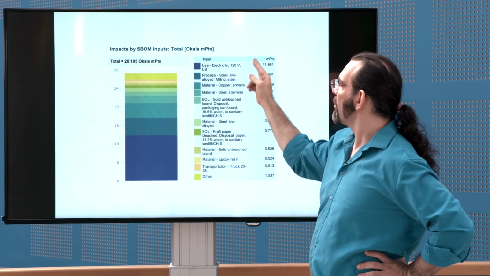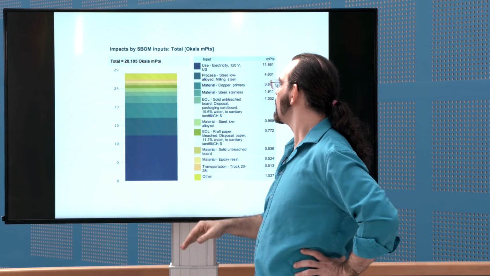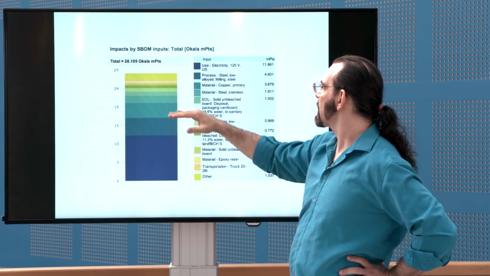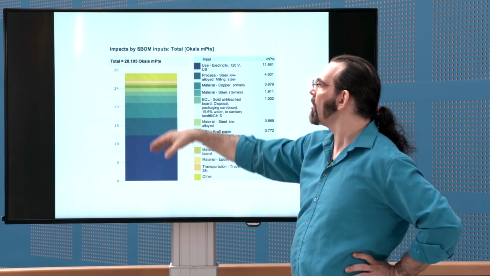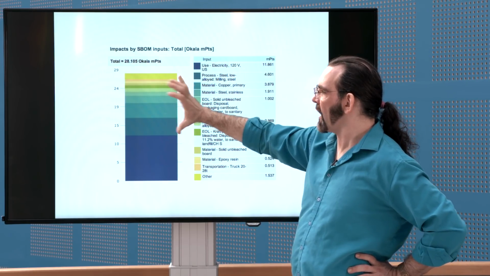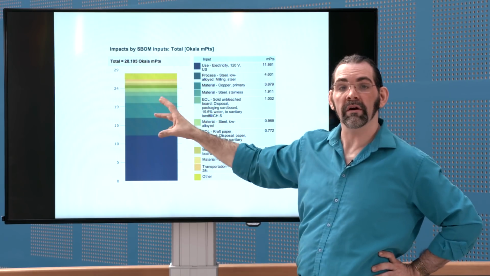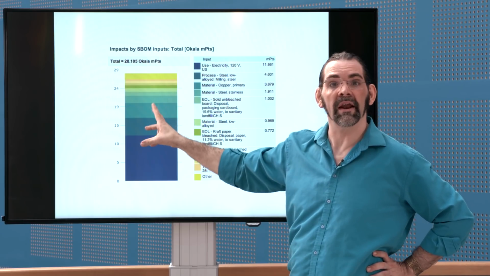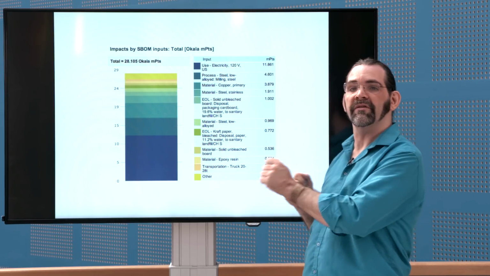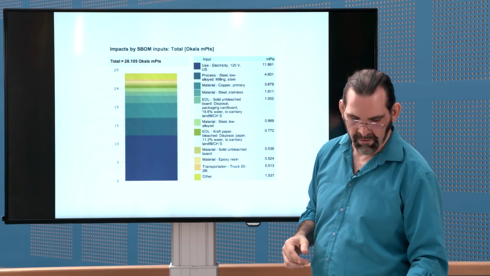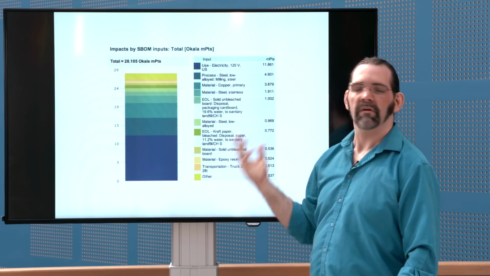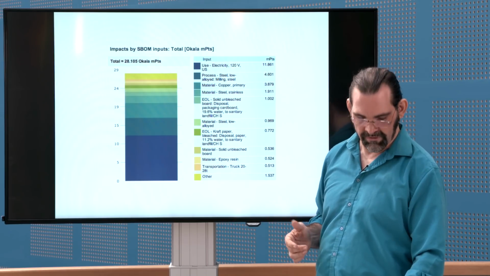So like electricity use is the dark blue, and then steel, copper, etc. And then this adds up all of the life cycle impacts of one product or design idea so that you can very easily compare it to another product or design idea. It's just an easier way to make decisions.